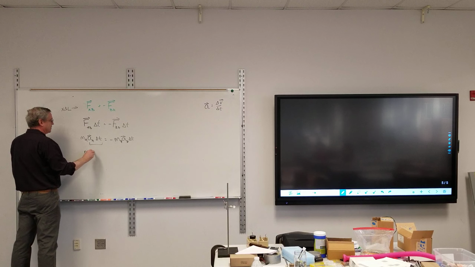Now, if I'm looking at this equation right here, the impulse equation, if I divide both sides by delta t, I get F is equal to the change in momentum over the change in time.